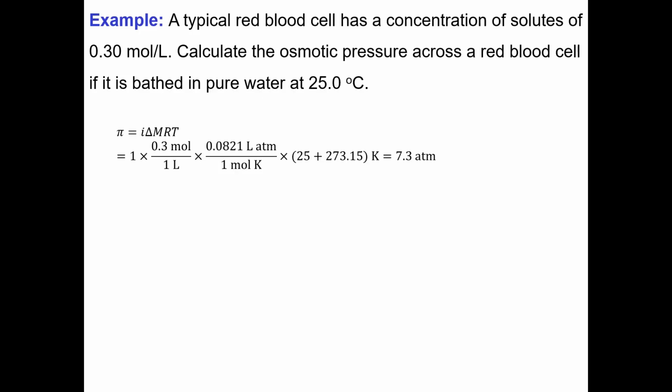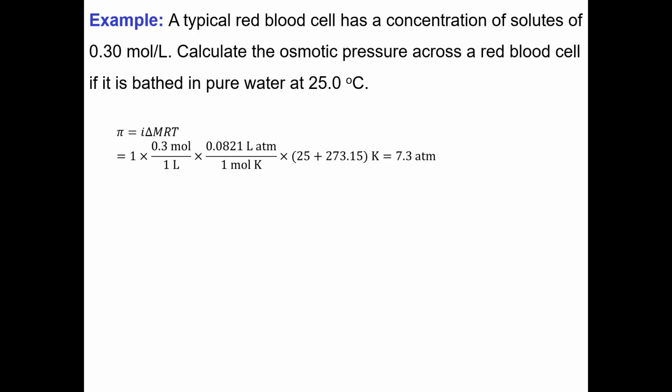So here's an example problem. It says a typical red blood cell has a concentration of solutes of 0.3 mole per liter. Calculate the osmotic pressure across a red blood cell if it is bathed in pure water at 25 degrees Celsius.